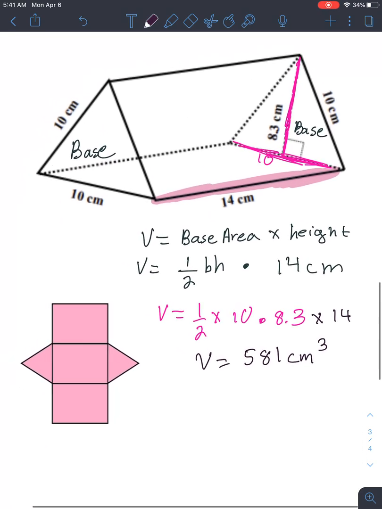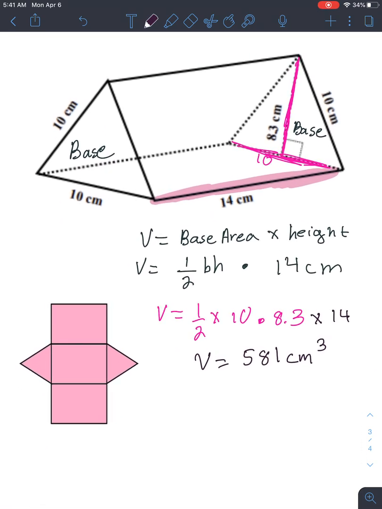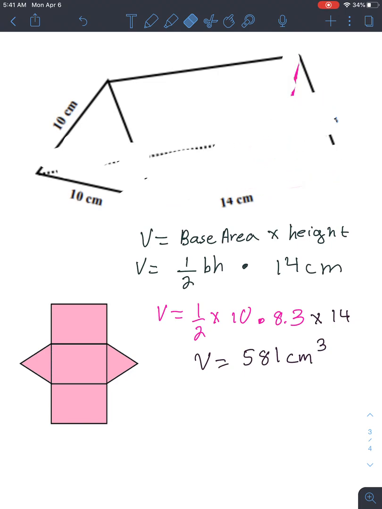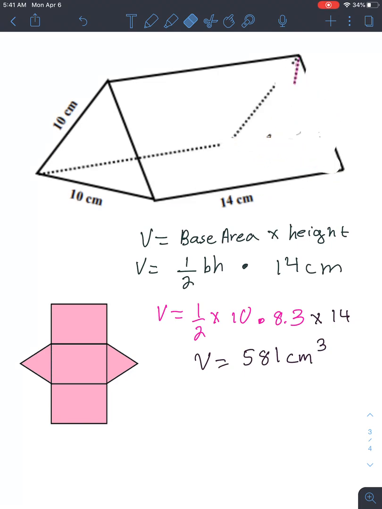Now when we move on to surface area, it gets a little more interesting, because we have different rectangles with different sides, and we have triangles this time. We're going to go back to the original picture, erase everything, and take a clearer look at the dimensions of this prism. If we look at our triangle, this base right here and this right here is 10.